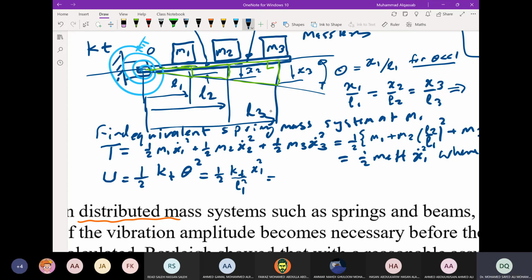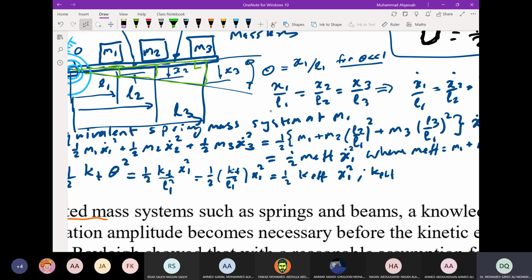So as you can see, for K effective we keep the factor half, and between parentheses we have kT over L1 squared times x1 squared. Okay, 1 over 2 K effective times x1 squared, where K effective is kT over L1 squared.